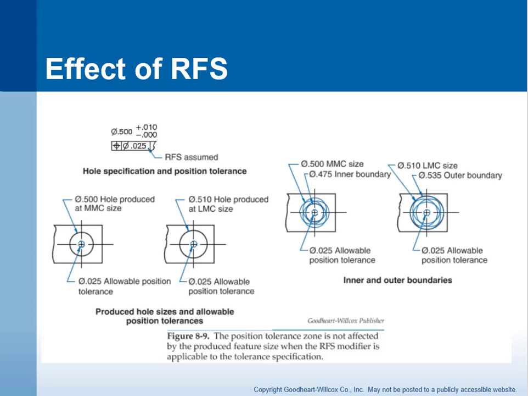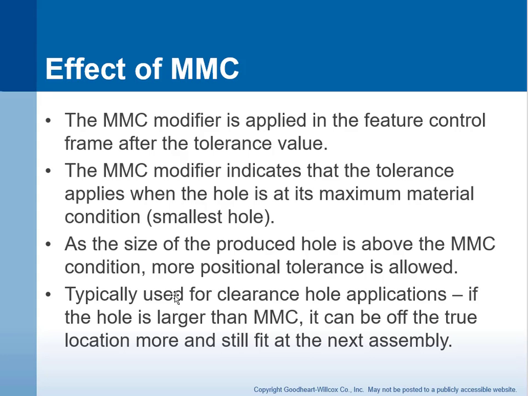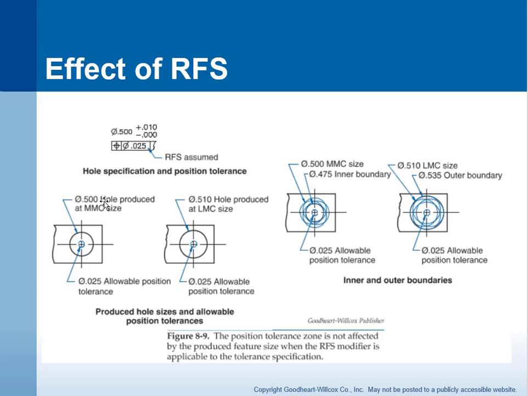So what we have here is an example. This is a hole tolerance. RFS is assumed. Here is the hole size. What happens here is that if our part is produced at the MMC, we have a 25 thousandths allowable position tolerance. However, if our part is made at 510 thousandths, which is our least material condition, we still have a 25 thousandths allowable position tolerance.